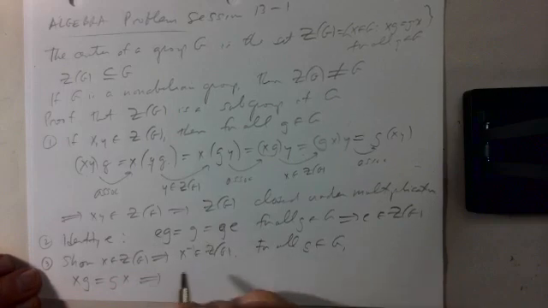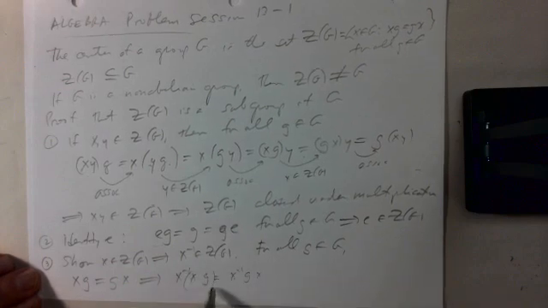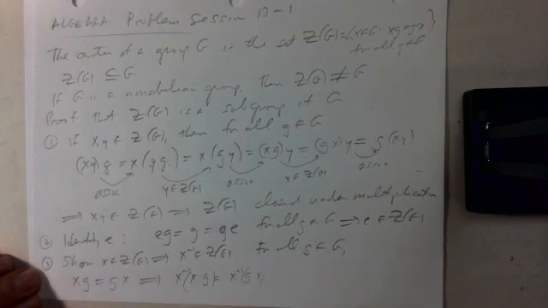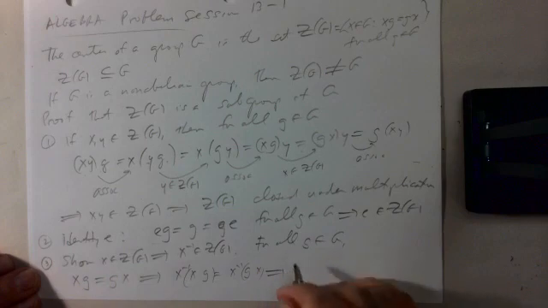So if you multiply on the left by X inverse, X inverse XG equals X inverse GX. I'm just taking this element and multiplying on the left by X inverse.